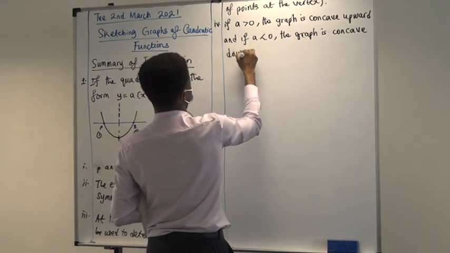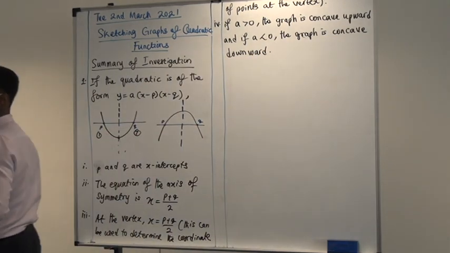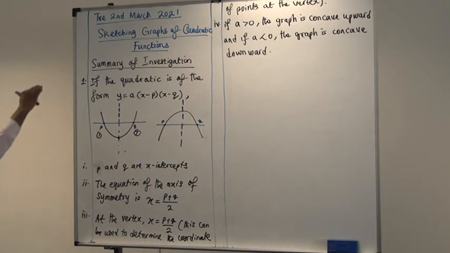So this clue of concave upward or downward will not be repeated in the other forms. I should have written it at the beginning, but it's fine because it's a general observation, regardless of the form that we have.